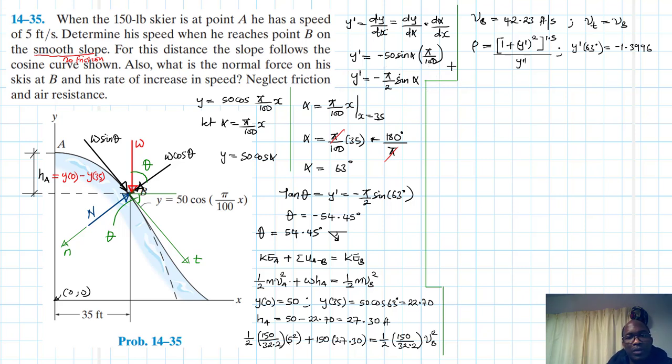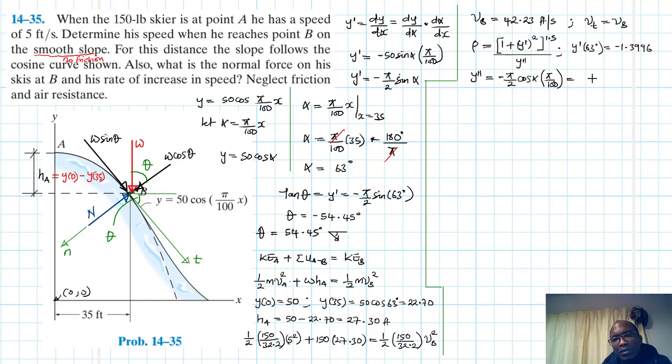Then let's find y double prime. So y double prime is just equal to pi over 2 cos alpha, then times again the d alpha dx, which again is just pi over 100.